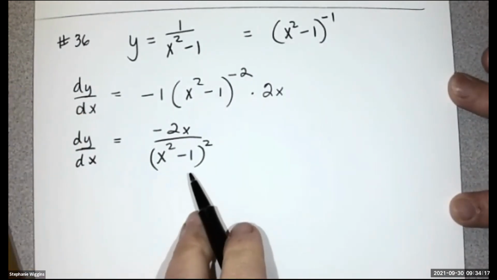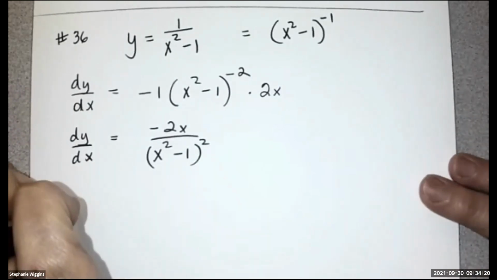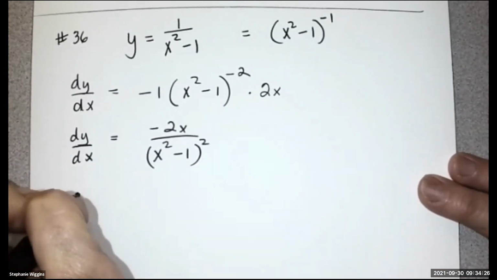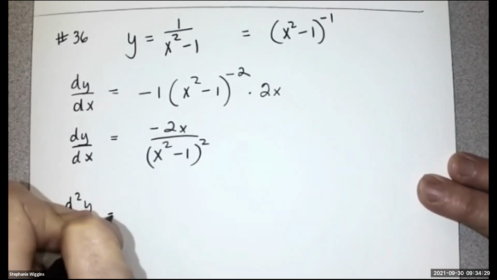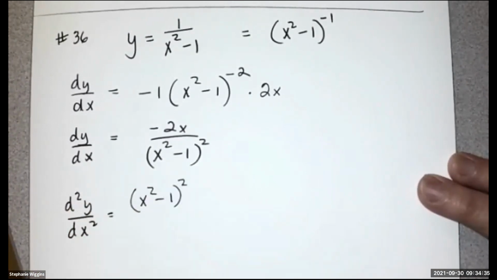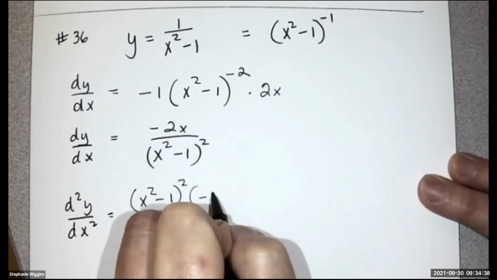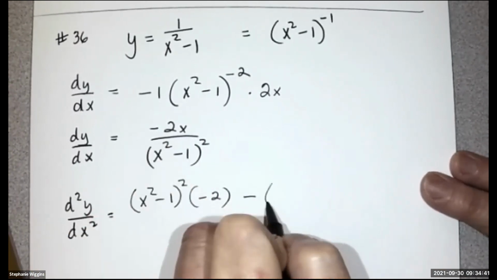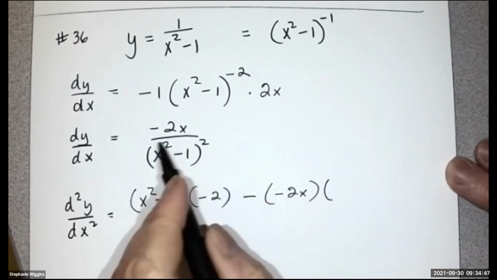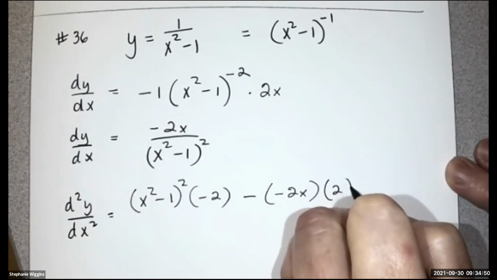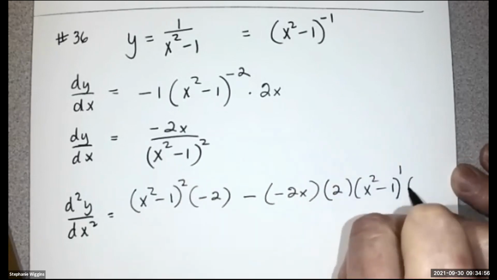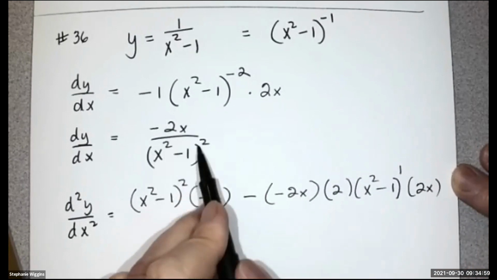To find the second derivative, you take the derivative again, and this time you want to use the quotient rule. So d squared y dx squared: you take the bottom function, x squared minus 1 squared, times the derivative of the top, which is negative 2, minus the top function, negative 2x, times the derivative of the bottom, which using the power rule is 2 times x squared minus 1, subtracting 1, and then multiplying by 2x because that's the derivative of the inside.